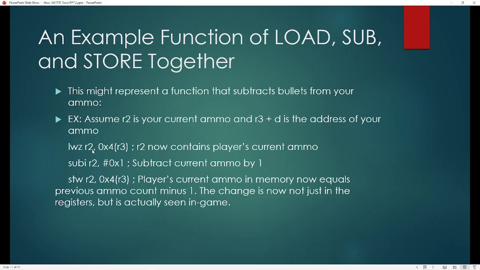So load your ammo into R2. Let's say every time you press the trigger, it shoots 1 bullet. It's going to subtract 1 from R2. And now that your new value of R2 is R2 minus 1, store that right back to the ammo address. And now that's what your ammo equals in game.